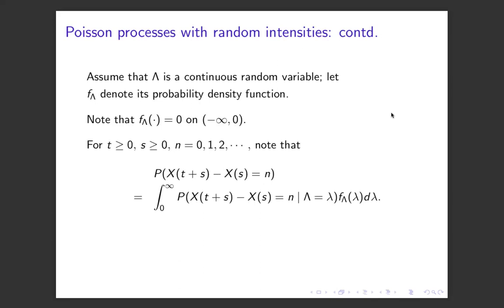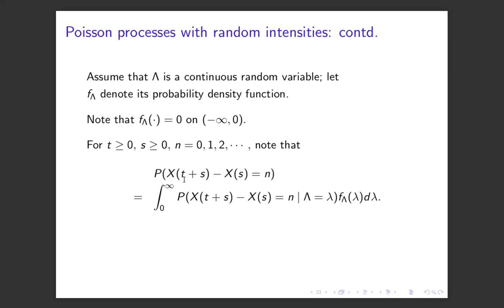So with this information, one can say that for any t and s greater than or equal to 0 and any non-negative integer n, since this is a counting process, these kinds of increments will take only non-negative integer values.